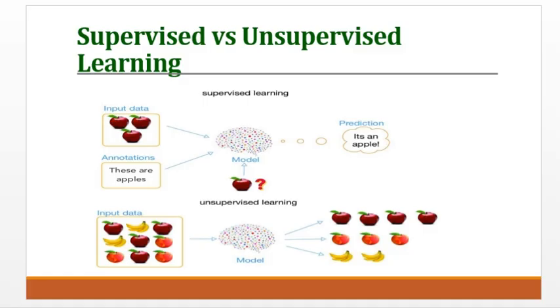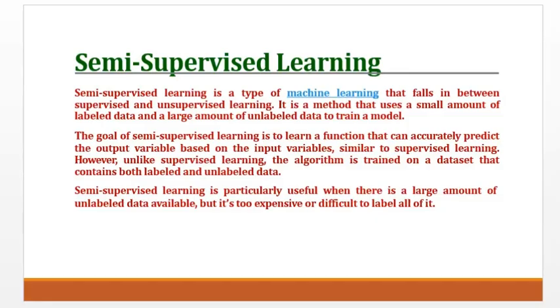Moving on to semi-supervised learning. Semi-supervised learning is a type of machine learning that bridges the gap between supervised and unsupervised learning by using a small amount of labeled data along with a large amount of unlabeled data.